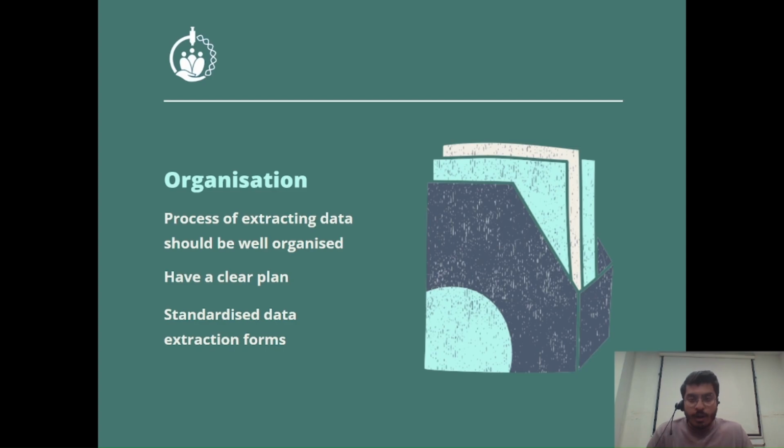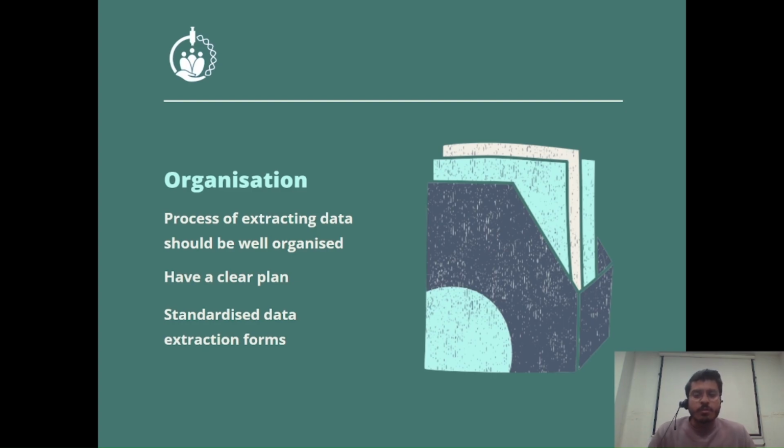You plan beforehand. So before you start extracting, you have a meeting. All the reviewers sit down together and discuss a way forward, discuss a plan, that this is how we will do it, and this is how we will counter any discrepancy, this is how we will counter any issues. They should have contingency plans, and they should have backups for all sorts of problems that they will face. And that of course comes with the experience that certain researchers have in data extraction, right?